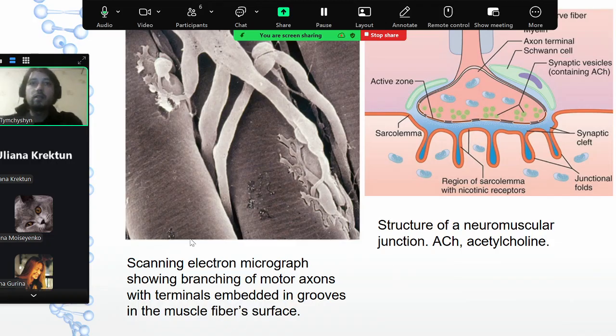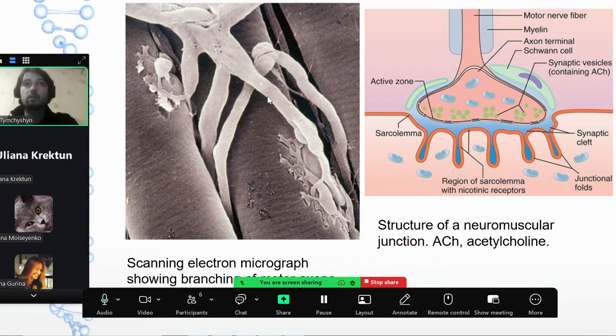So here you see the scanning electron micrograph that shows branching of motor axons with terminals embedded in grooves in the muscle fiber. So here they are. On the right you see the structure of a neuromuscular junction.